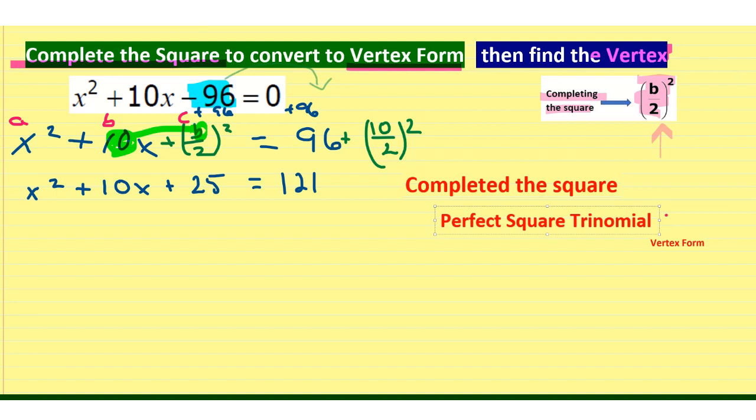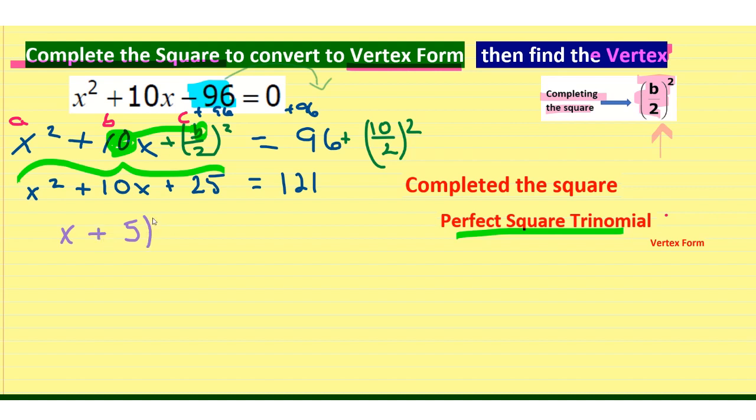Okay, so what I'm saying is that this section of our quadratic, this section right here, is a perfect square trinomial, and when it is a perfect square trinomial, it means that we can easily factor it using a pattern. So the square root of x squared is x, the square root of the 25 is 5, and this middle sign is a plus sign.